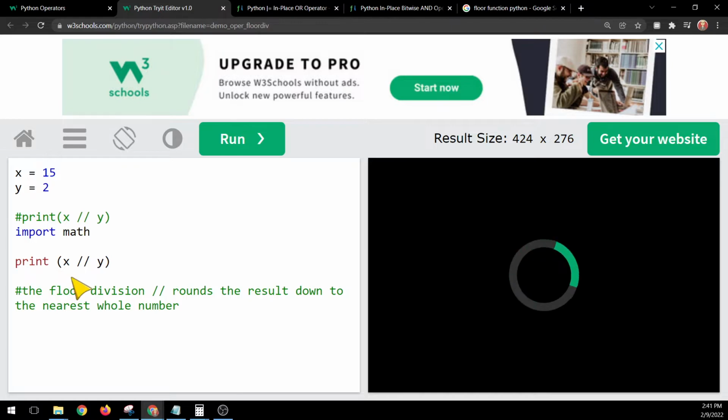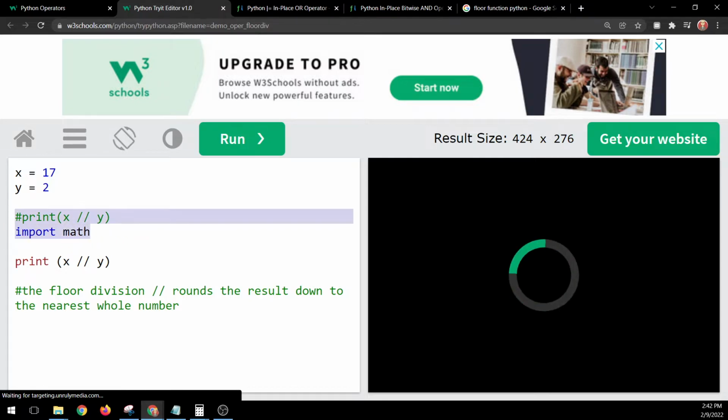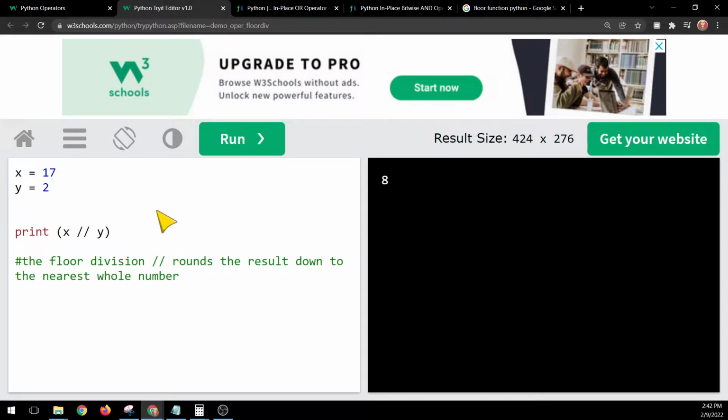It will floor the remainder. See, if this was, say, 17, 17 divided by 2 would give you 8.5, and it would round down to 8. So that's this floor division.